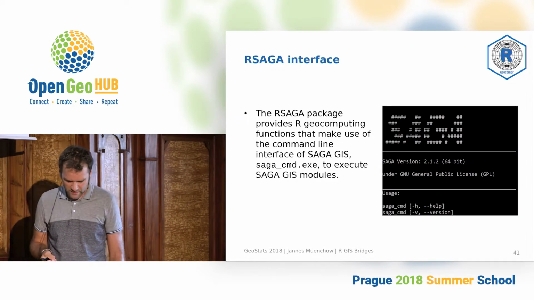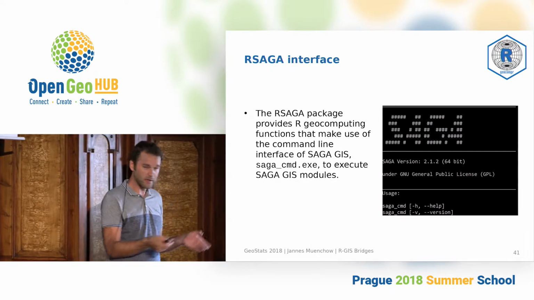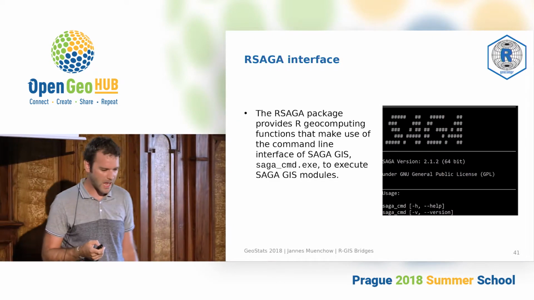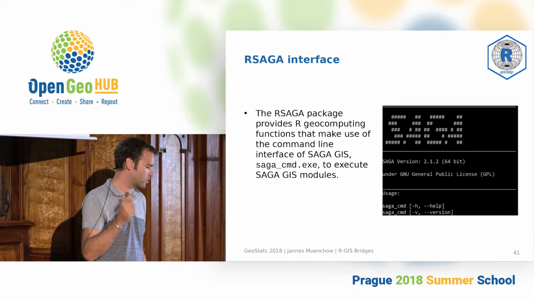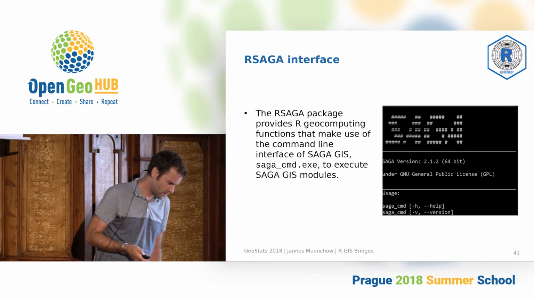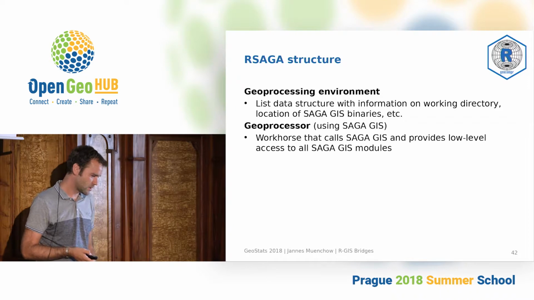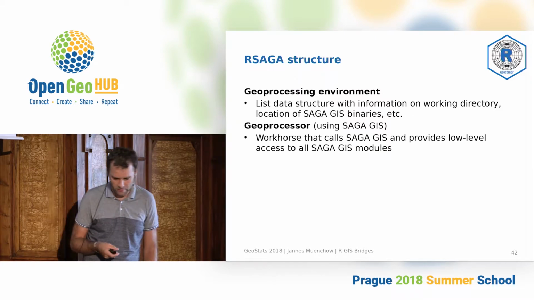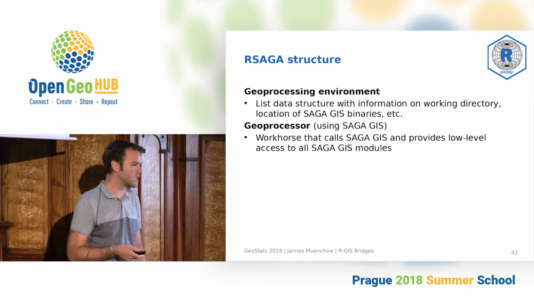And there is a command line interface, and you can use SAGA from the command line, and it looks like this. You don't have to do it like this. I show this here because this is how RSAGA accesses the SAGA algorithms. It does so via the command line, via the system command. And just as a bit of background, the structure of RSAGA. The geoprocessing environment, we need to know where SAGA is living on your computer to be able to access it.